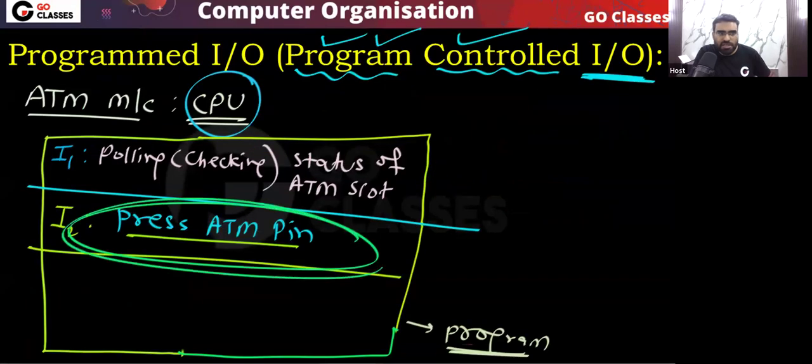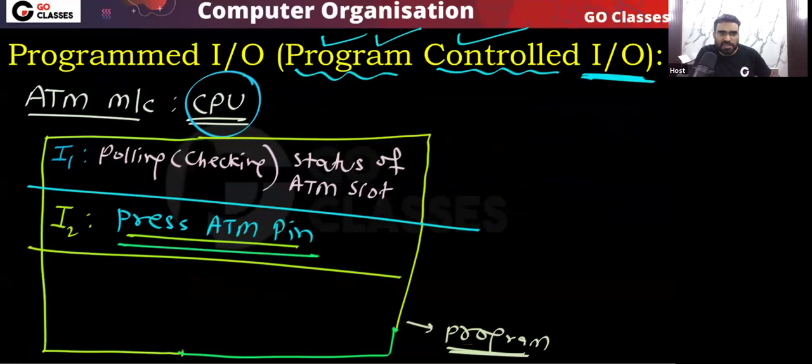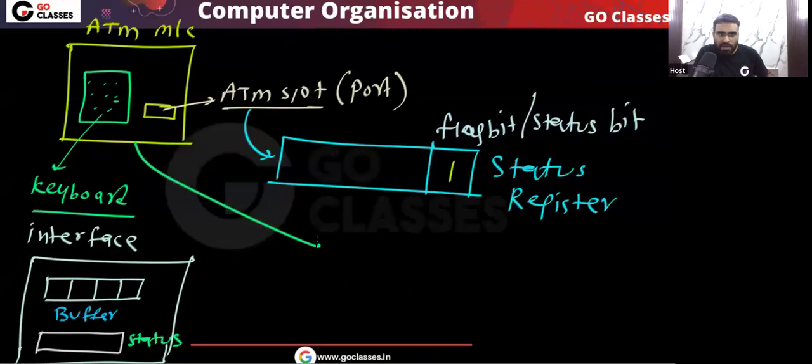Now notice, the CPU is executing this I2 instruction. The I2 instruction is press ATM pin. When the CPU is executing this instruction, the CPU will give a command to the keyboard, and the command will go to the keyboard.